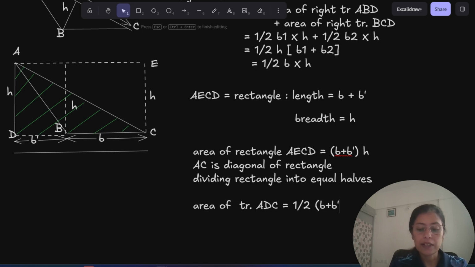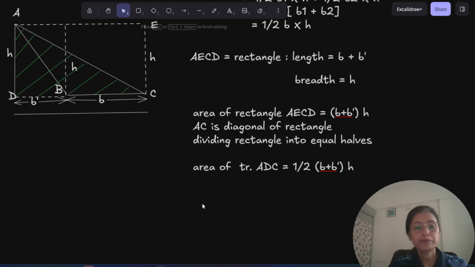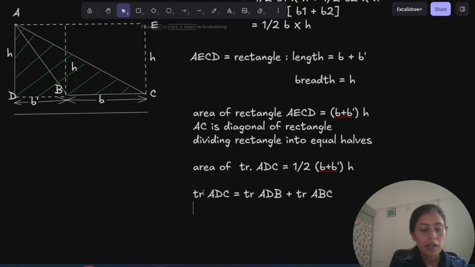Area of rectangle is B plus B dash into H. Now this triangle ADC is made up of triangle ADB plus triangle ABC.